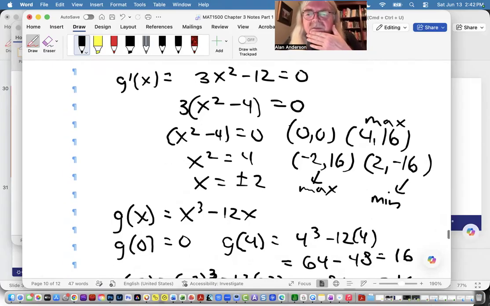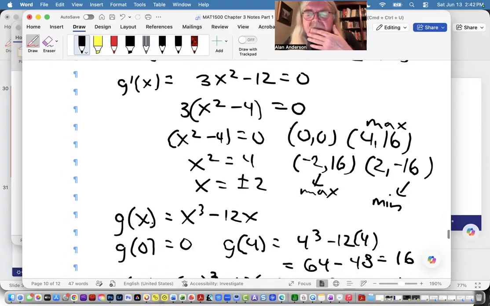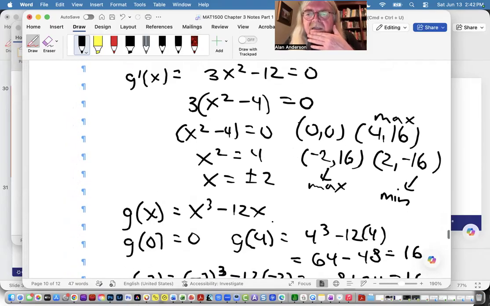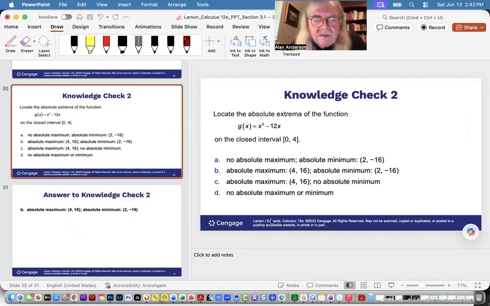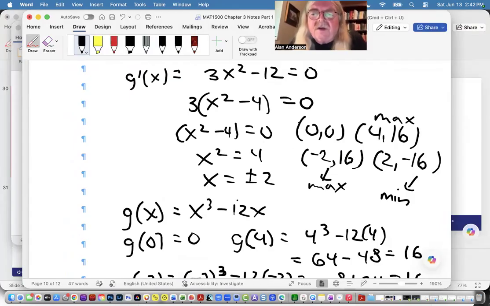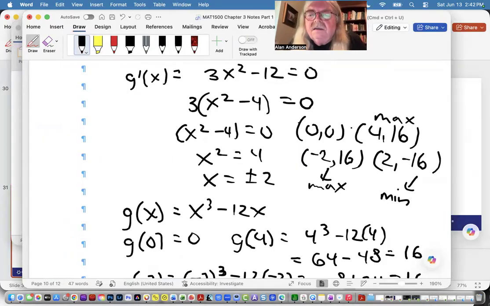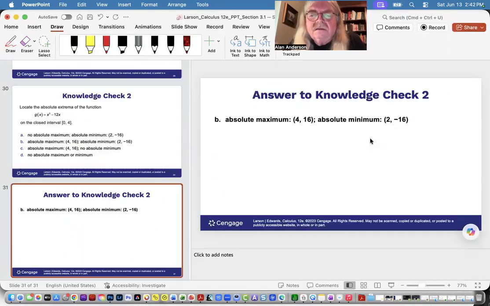Let me just double check something. It's 4 cubed minus 12 times 4. No, that's right. That's 16. And then the minus 2. See, it's hard to tell from this graph, but it looks like the 4, 16.